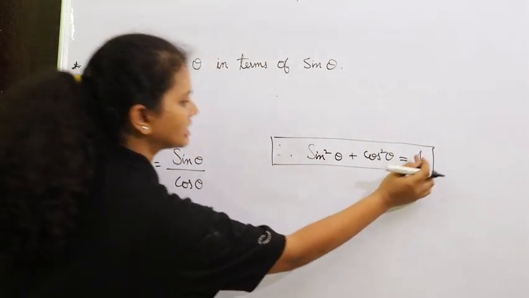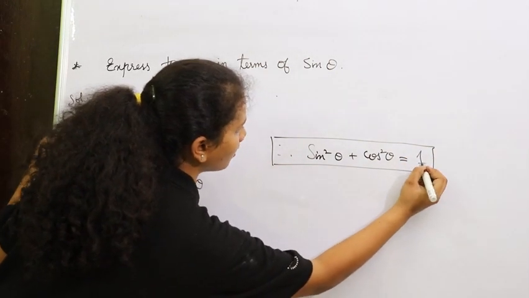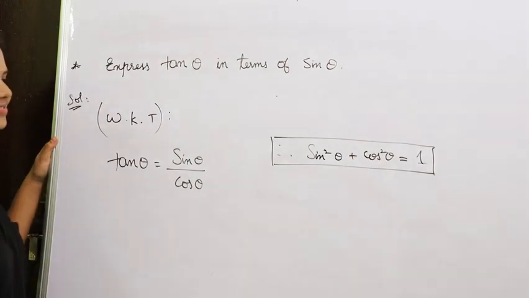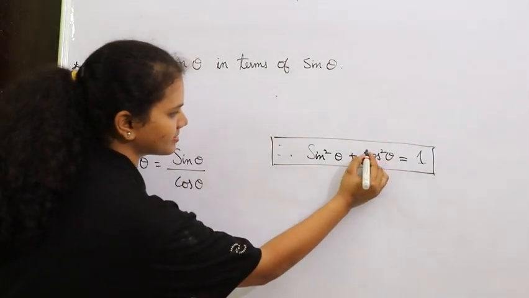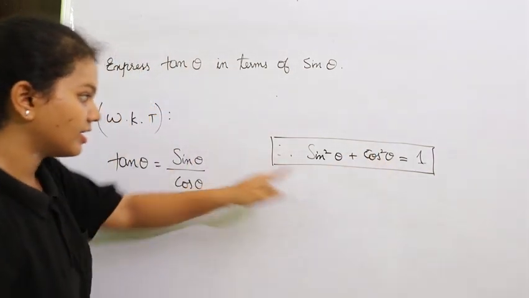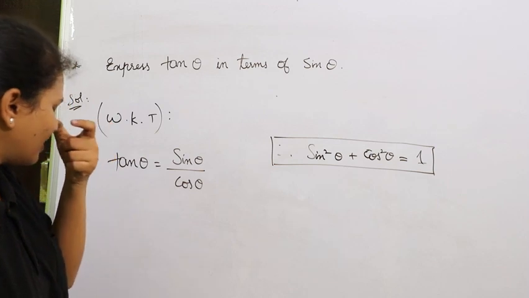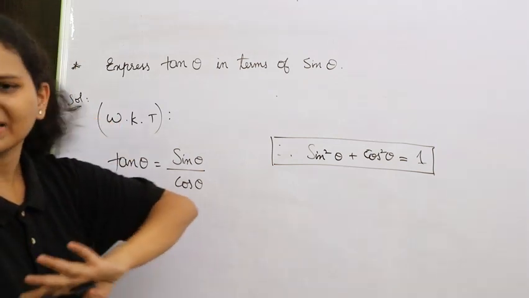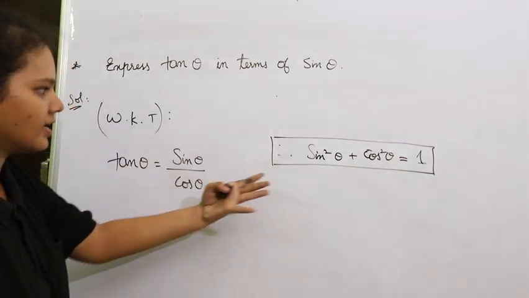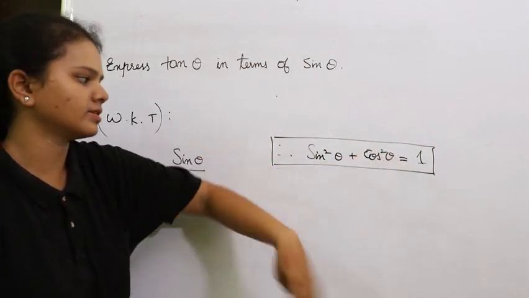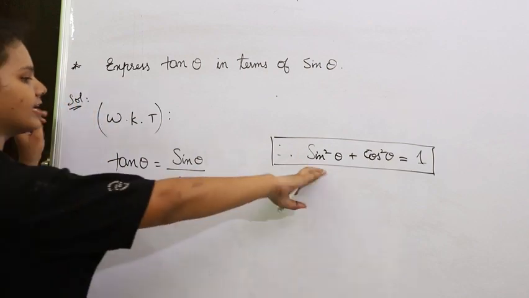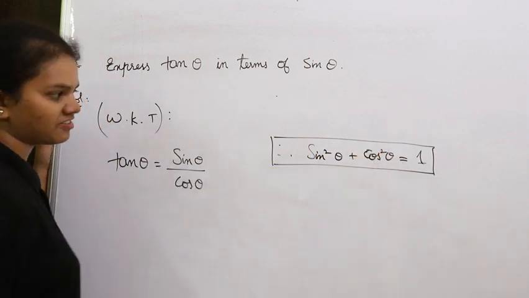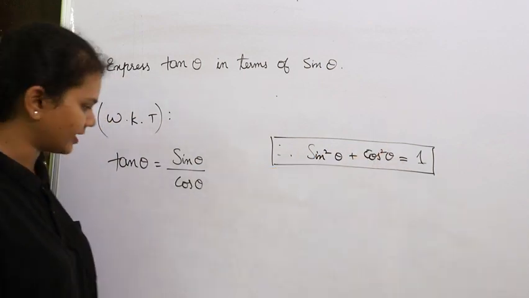Even newly born babies know this. I have been learning this identity since my 8th, 9th and 10th class: sin square theta plus cos square theta is equal to 1. We know this trigonometric identity, right?